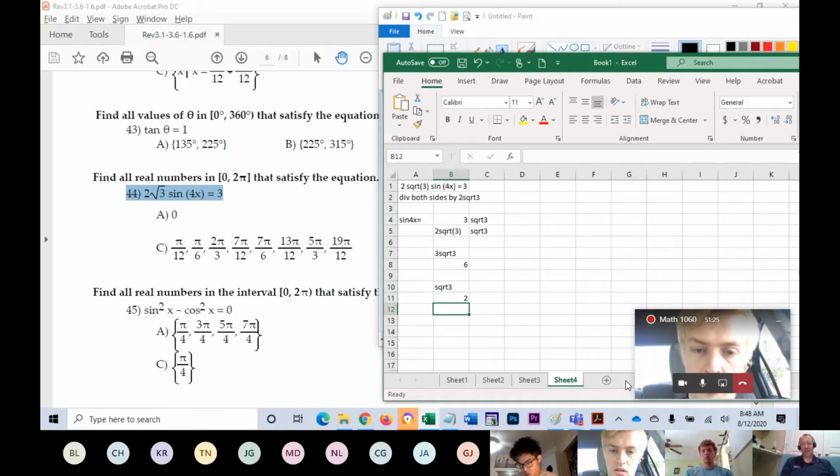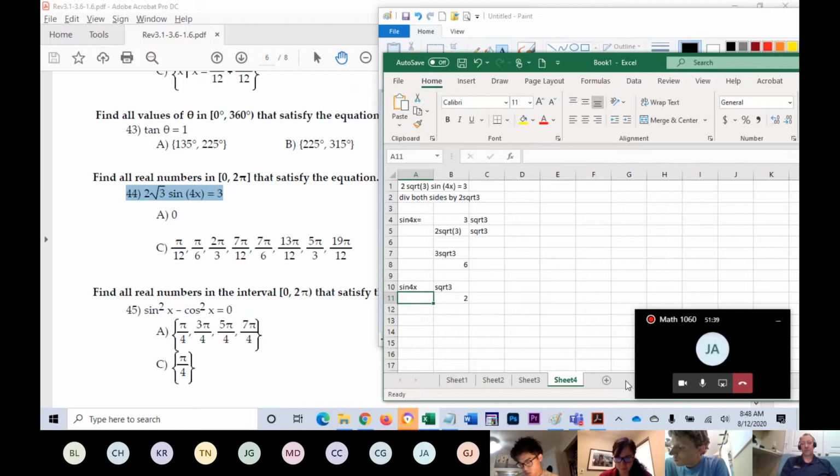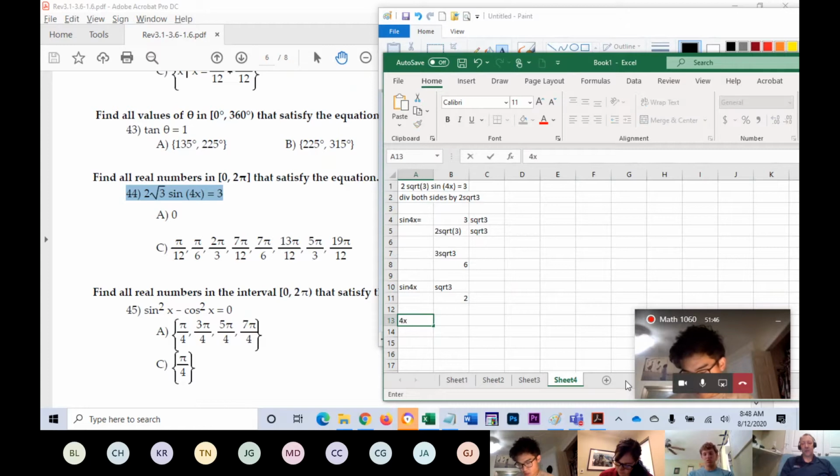Well, that was kind of lucky, right? Because that's a nice angle that I know. Okay. And I've got sine of 4x here. Okay, so if I take my inverse sine, then I'm going to get a 4x here, right?